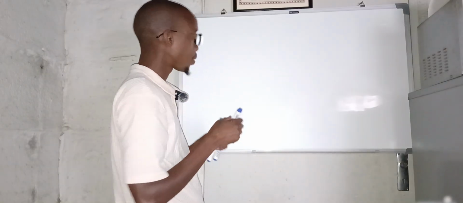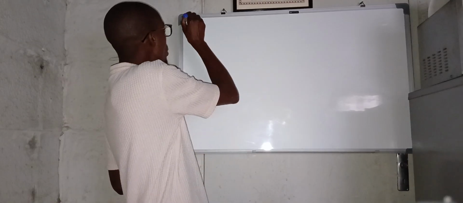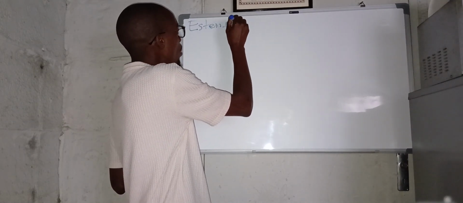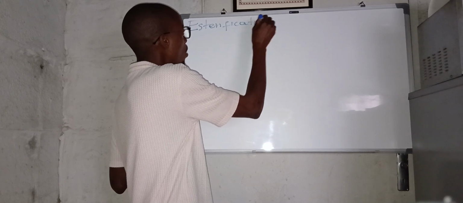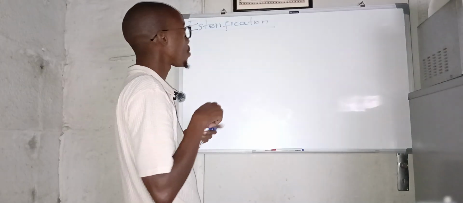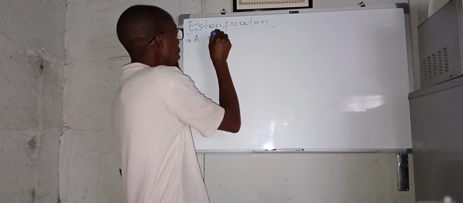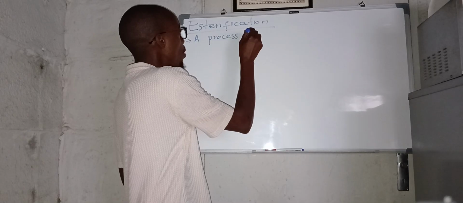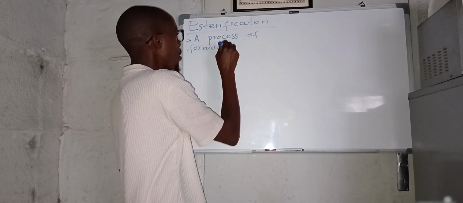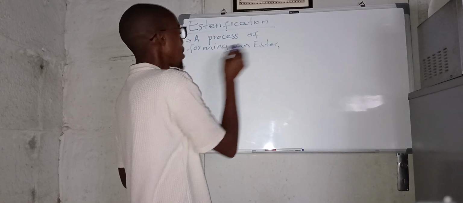So it's going to be called esterification. Esterification is a process, a reaction, as I explained. Esterification in this case is the process of forming an ester by doing what?